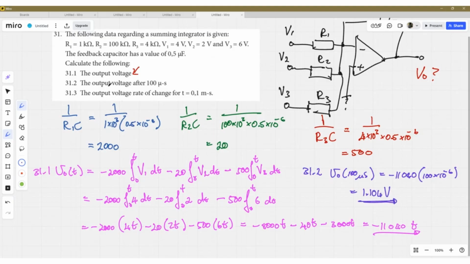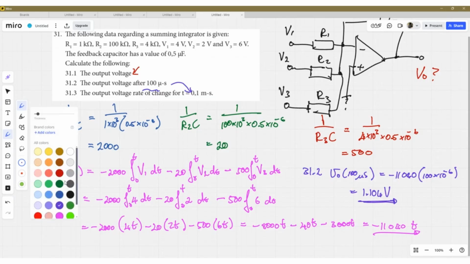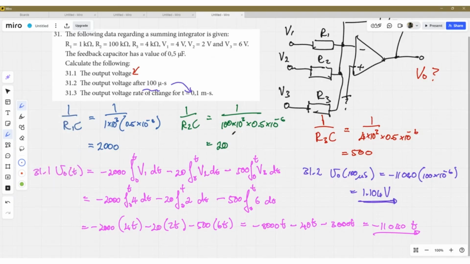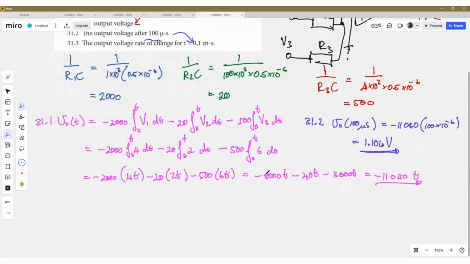And then they want the output voltage rate of change at t equals 0.1 milliseconds. Now, this is actually the same time. Rate of change is if you differentiate this. So if you take your 11,040 volts here, what is it, 31.3.